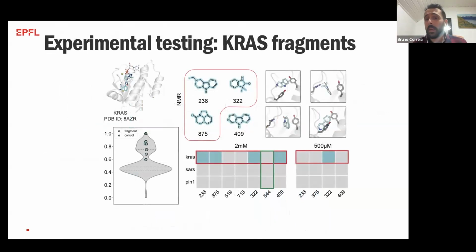Now, what's more exciting for us is actually to go to the lab and just try these things. And so I'm going to show you a couple of examples of how we can test this. So I will preface that these are actually extremely hard experiments to do, because in many situations, when we're testing binding affinities of the fragments to the proteins, the affinities of these fragments are extremely low.